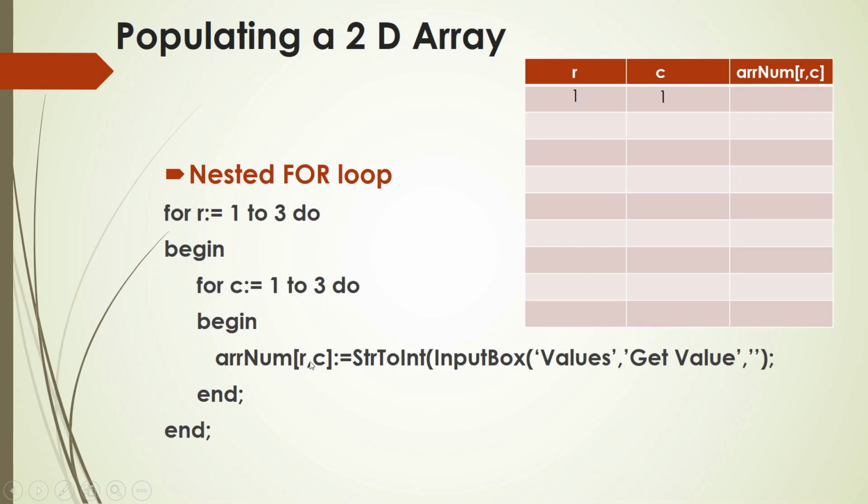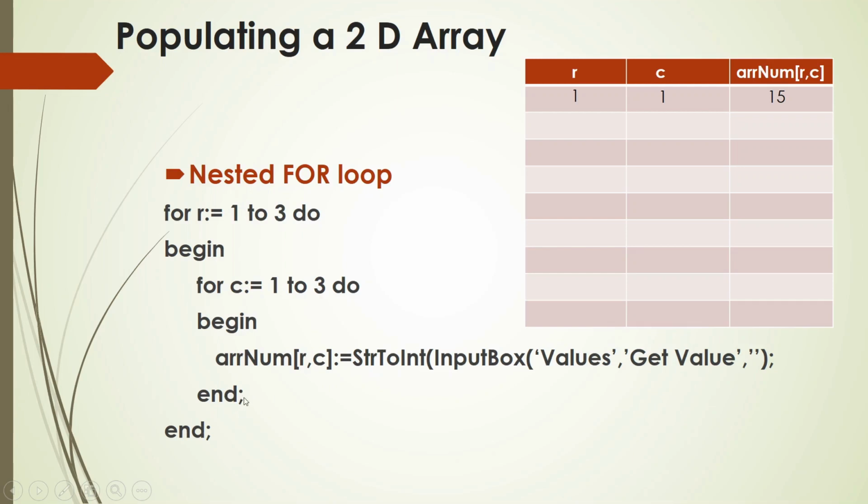I then get a value into R, C, 1, 1. At index 1, 1, ARR num of 1, 1, I'm inputting a value and the value is 15.